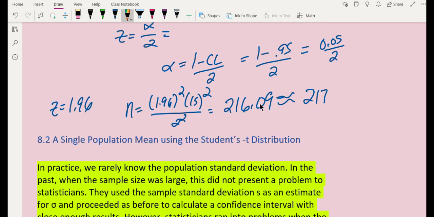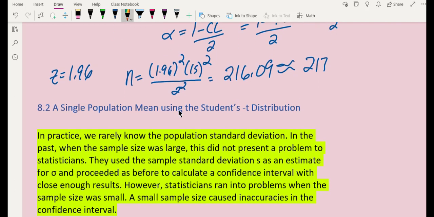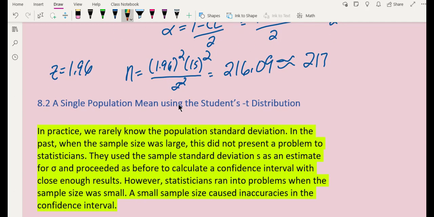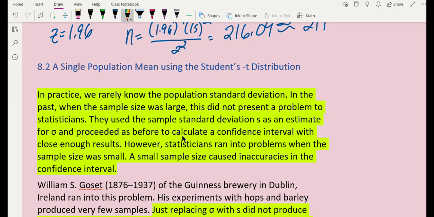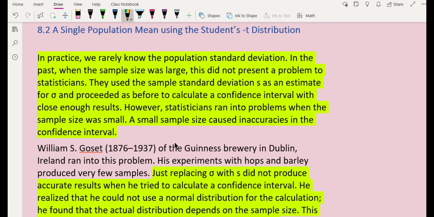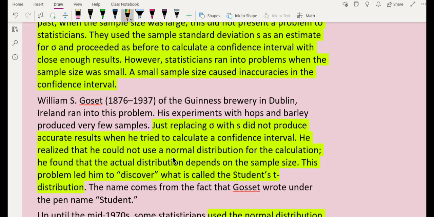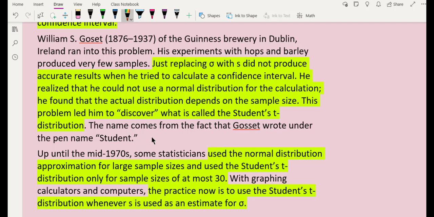If we continue on with chapter 8, we move on to 8.2, which talks about the student's t-distribution. In previous sections, we have seen how to construct a confidence interval when the population standard deviation is known. But we rarely know the value of our standard deviation while needing to estimate the value of our mean, so it is more common that our standard deviation is unknown.